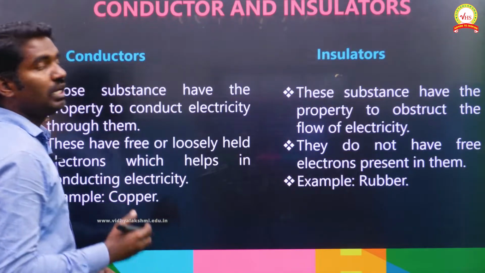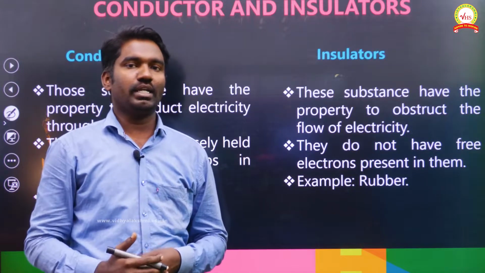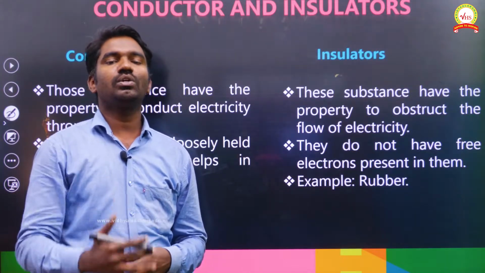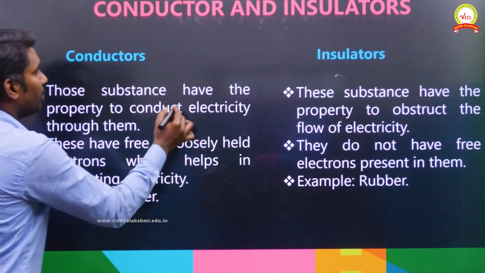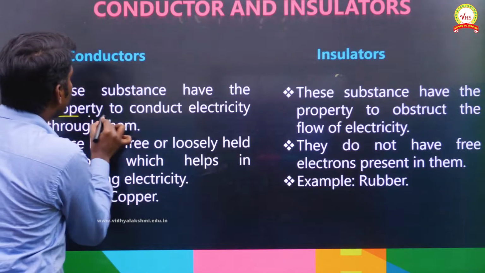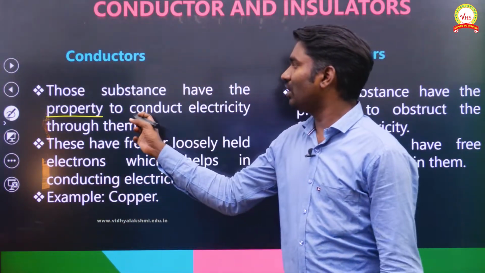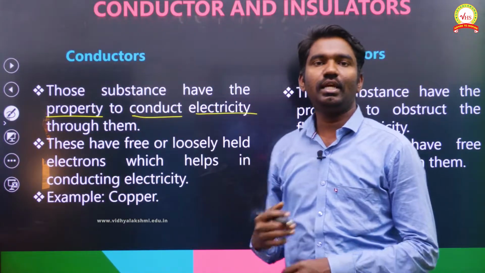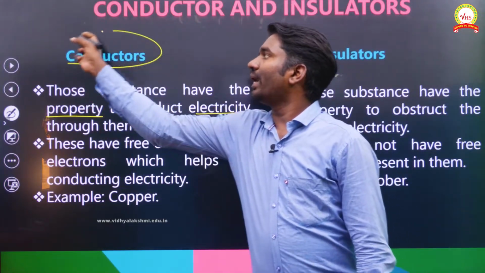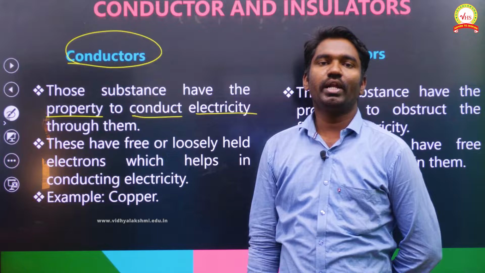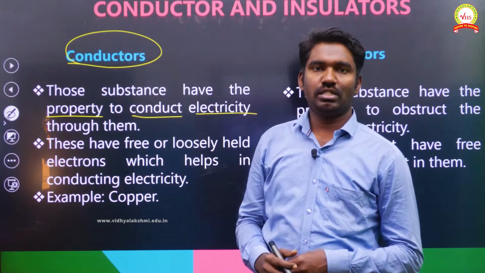So the next one is types of materials. We are going to divide materials into two categories: one is a conductor and another one is the insulator. So what is a conductor? Whatever material has the property to conduct electricity, we call those materials conductors. Why do conductors allow electricity?